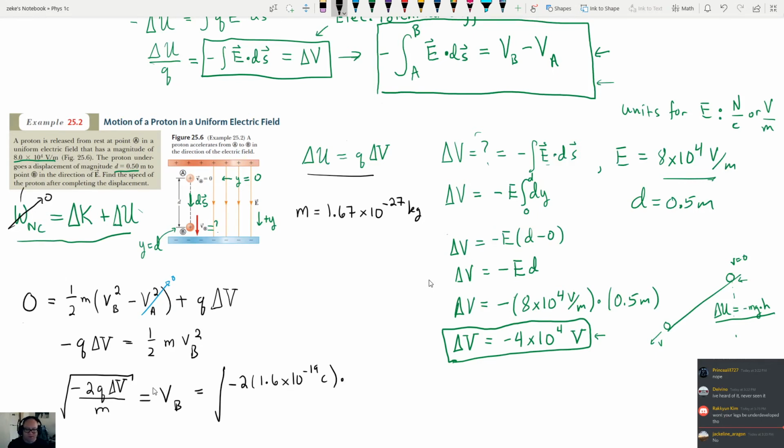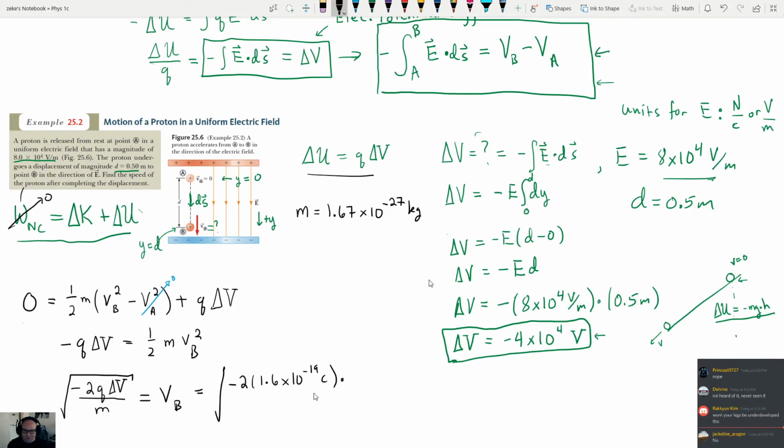Now, before we even put this in here, you notice you have this square root of a negative right here? Is that bothering anyone? There's a square root of a negative here. Well, our delta V is negative. Yeah, exactly. So now you can see why delta V being negative is a good thing, because it's going to cancel out with this negative sign here. All right.